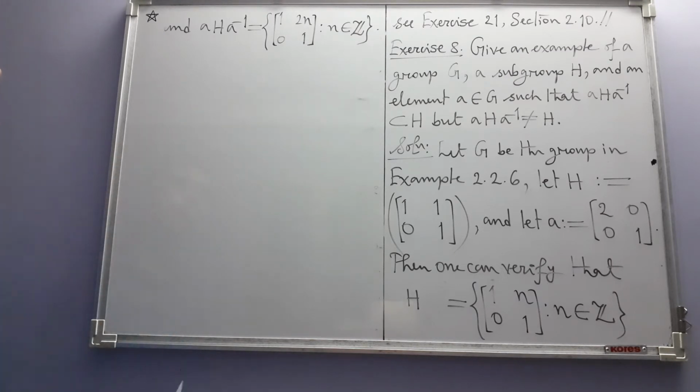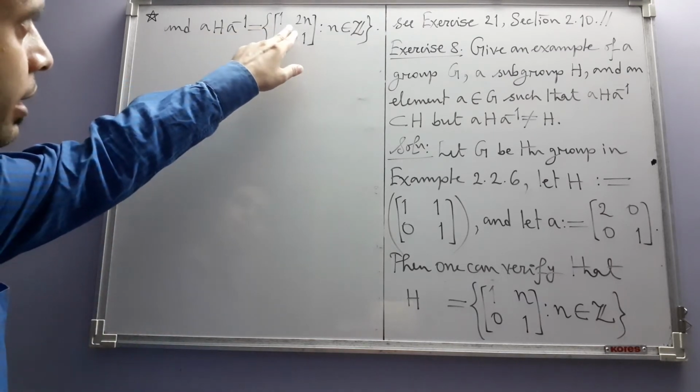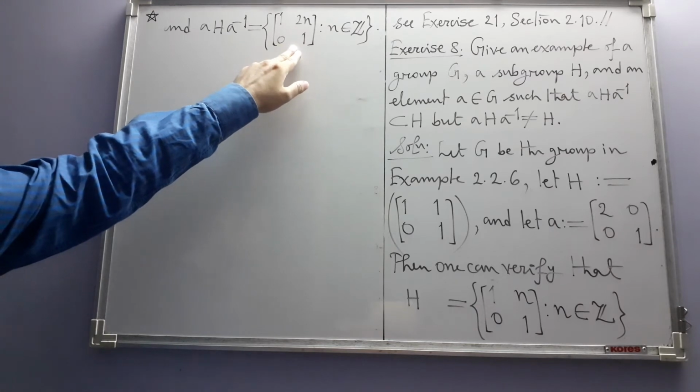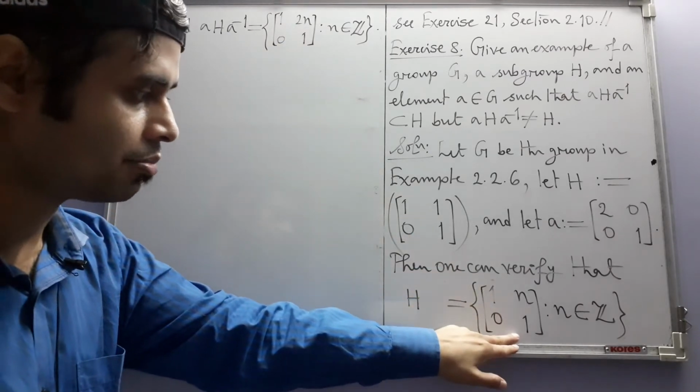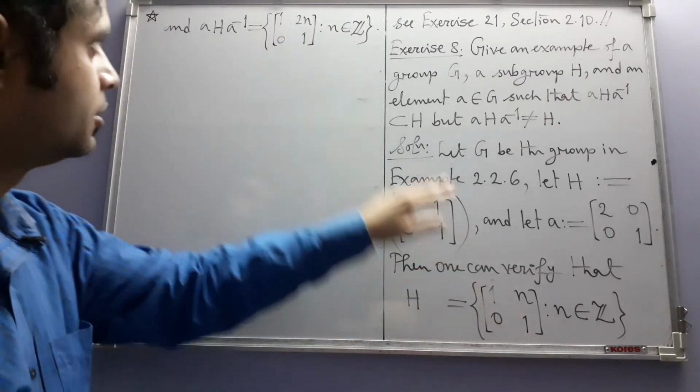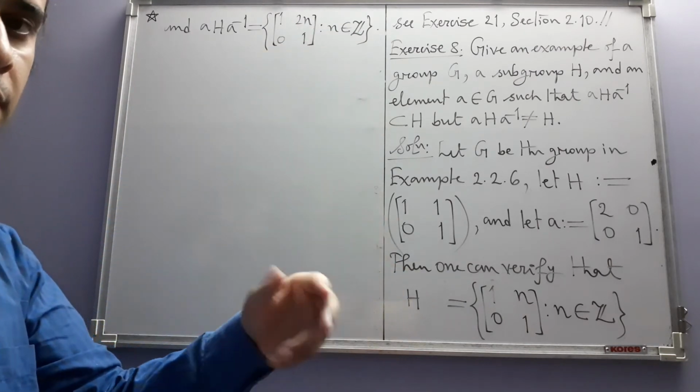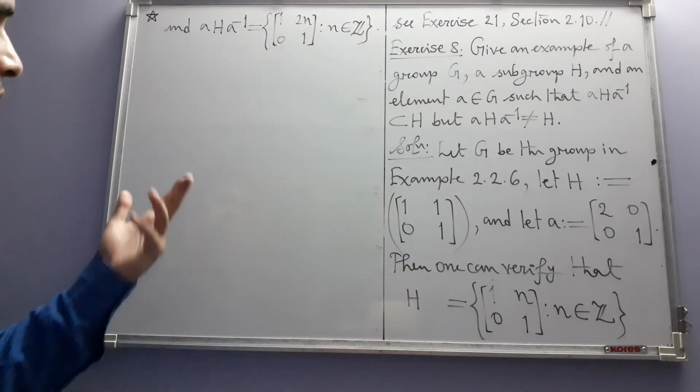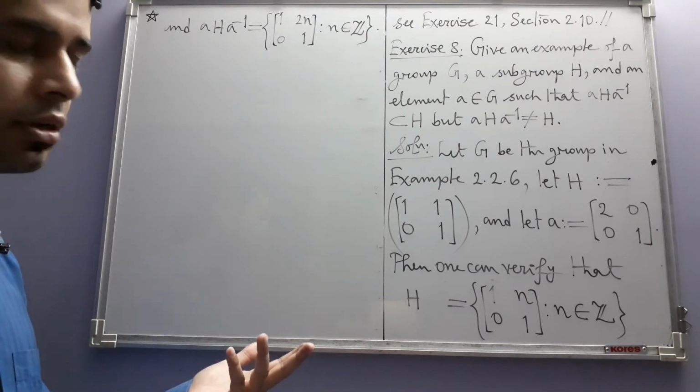So you can see that any matrix which looks like this is automatically a matrix of this form, because 2n after all is again an integer. 2n is an even integer, but after all it's an integer.